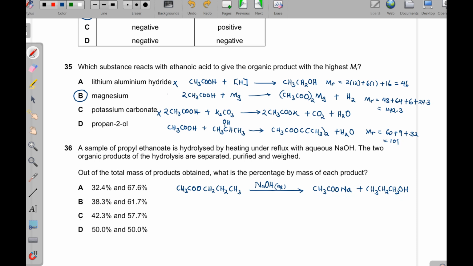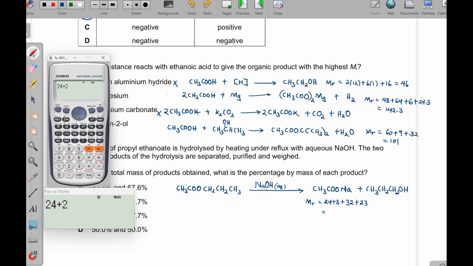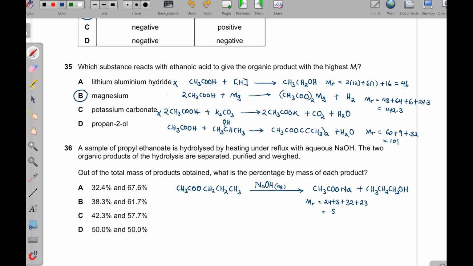So let's find their MR. So their MR here is going to be, this is 2 times 12, that will be 24, then plus hydrogen 3, then plus oxygen, there are 2 of them, times 16, that will be 32, then sodium is 23. So what do we get here? 24 plus 3, then plus 32, then plus 23, that one is 82.